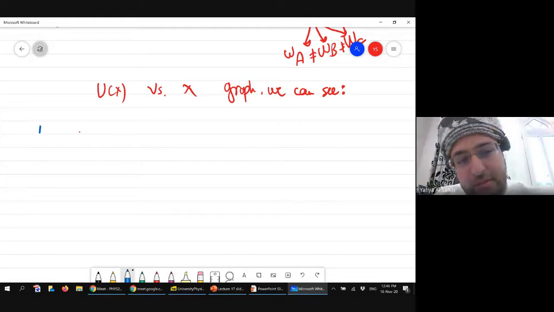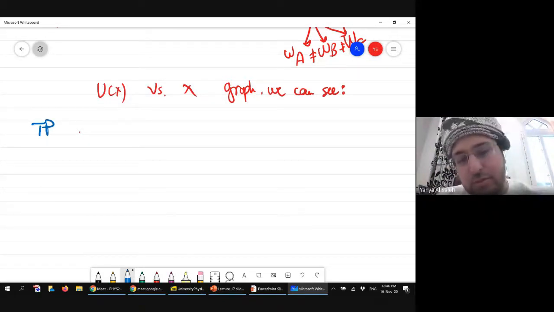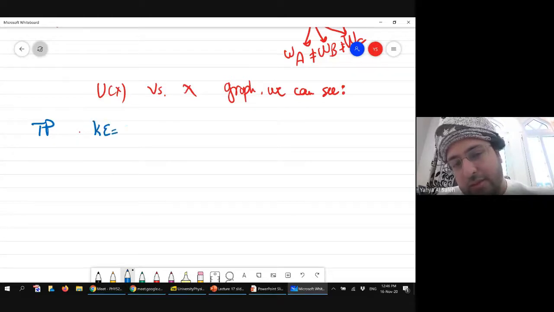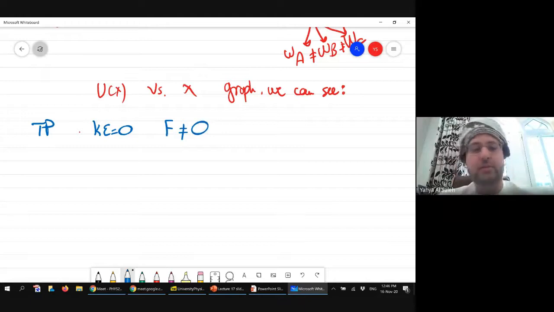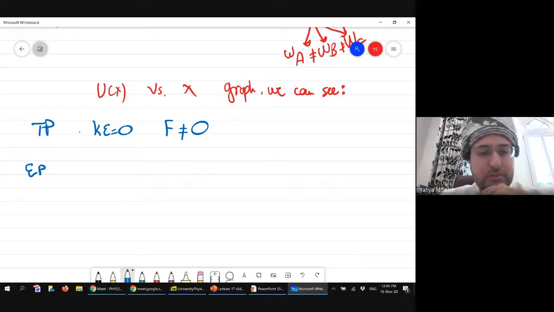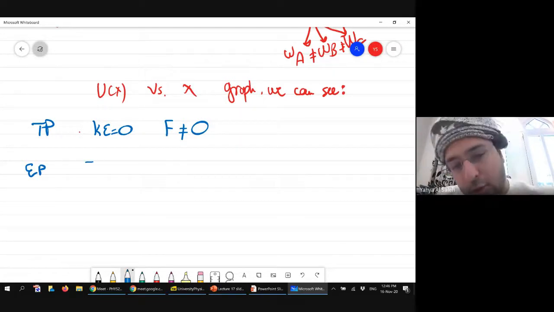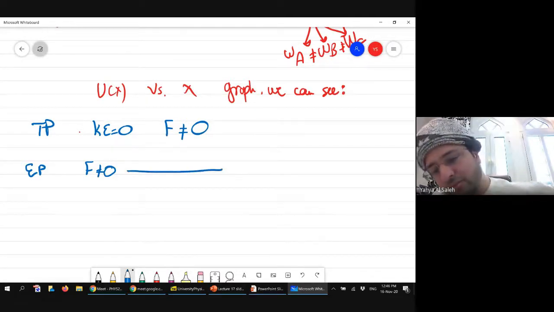We can see turning points, where KE equals 0 and force is not equal to 0. We can see equilibrium points, where force is equal to 0, but we have 2 options here.